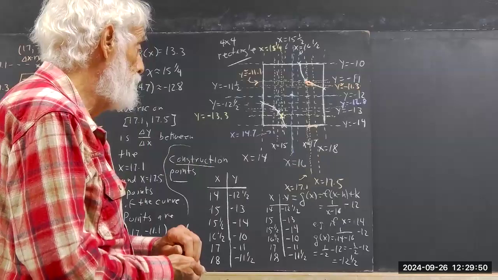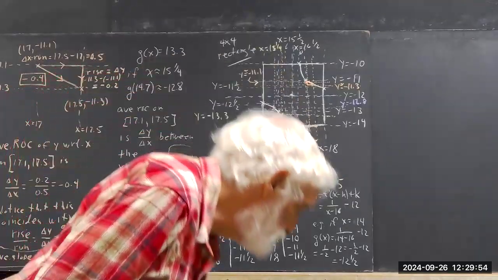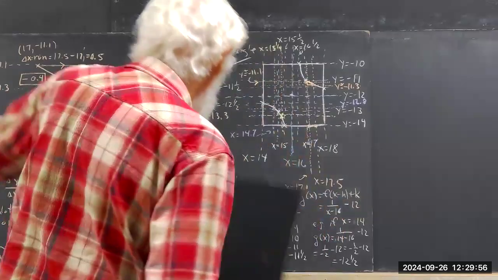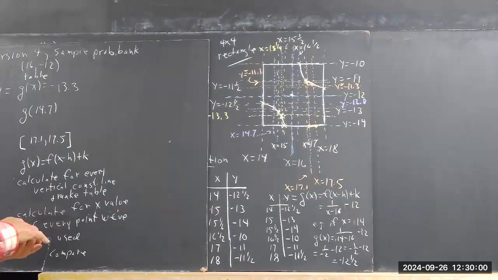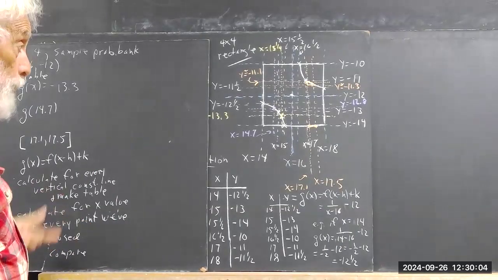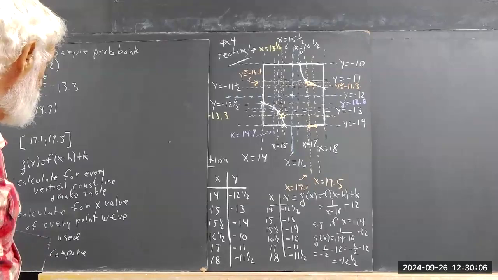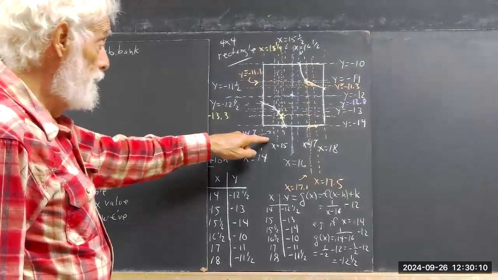All right, now, the last thing is, we'll have to put it here, the x value for every point we've used. What points have we used for every x value that we've used? Well, we've got them labeled here.